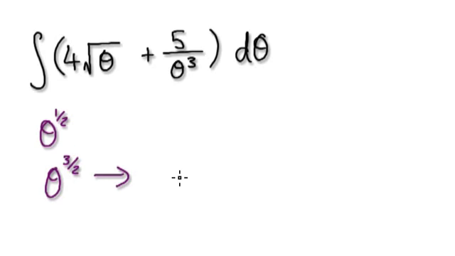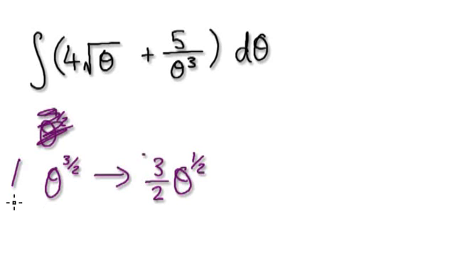Let's differentiate it. It will give us 3 over 2, so the power gets moved down here, and then the power itself gets minus by 1, so that will give us a half. Okay, so this bit is good, but we need to create this 4 here. So let's make the adjustment. How would you adjust it so that you would get this 4?